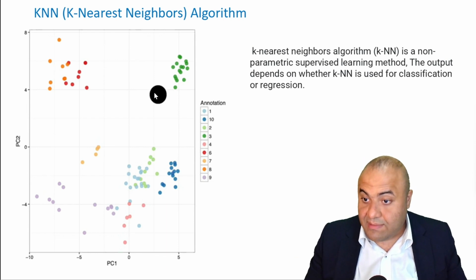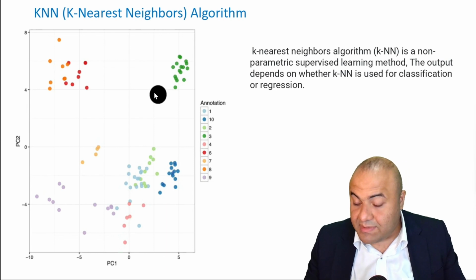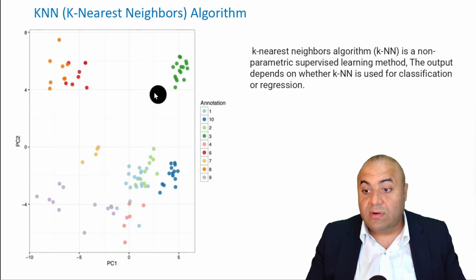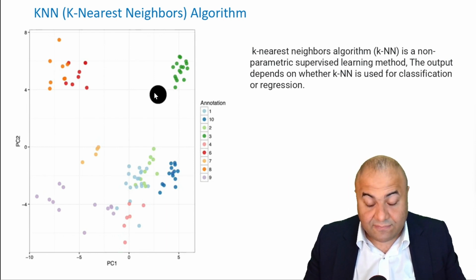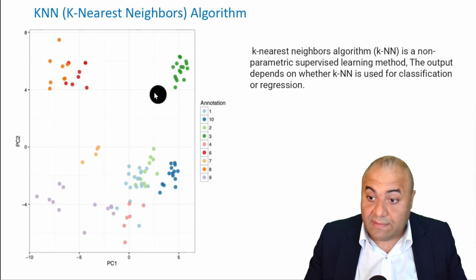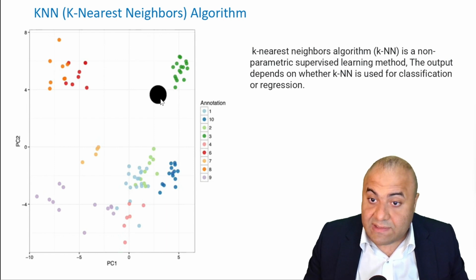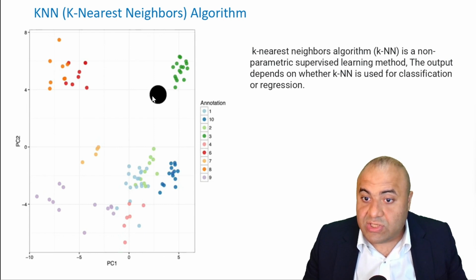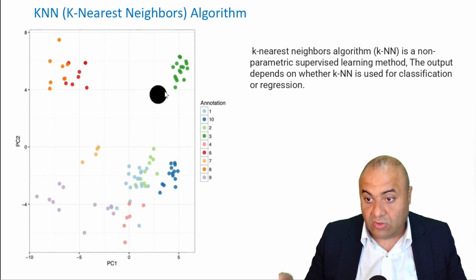As the method says, k nearest neighbor, the k is how many neighbors you want to consider for classifying the new point. Based on these already made clusters, you assign the point to the class which has the most neighbors close to it.